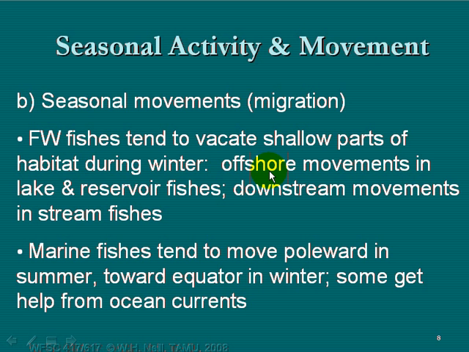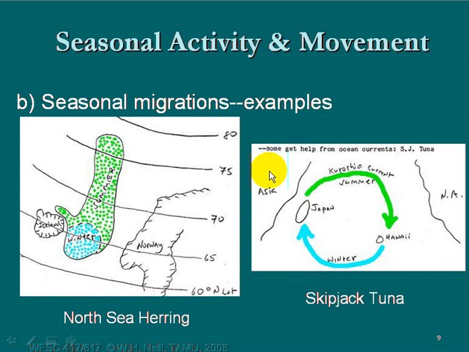Marine fish tend to move poleward during the summer and then back toward the equator in winter, giving it an annual cycle of distribution, and probably some of them, maybe all of them, get help from the ocean currents. And I think I already alluded to the movements of skipjack tuna in the Central Pacific.